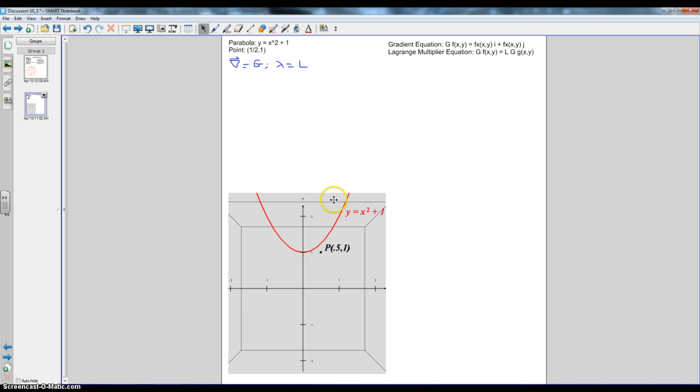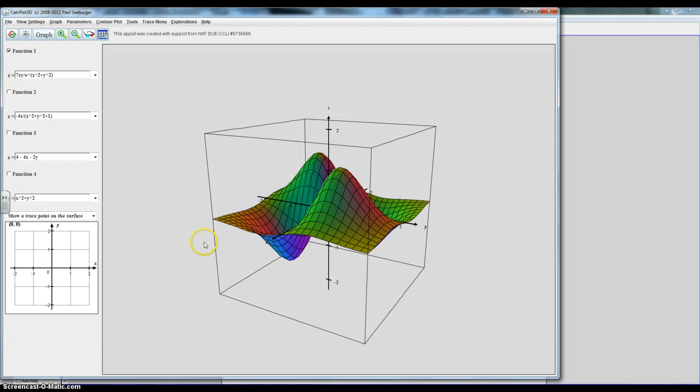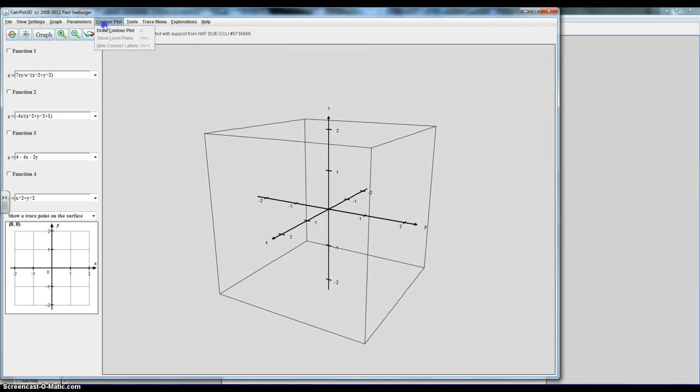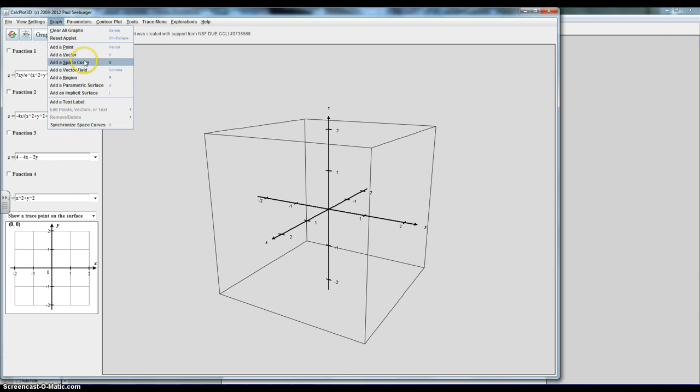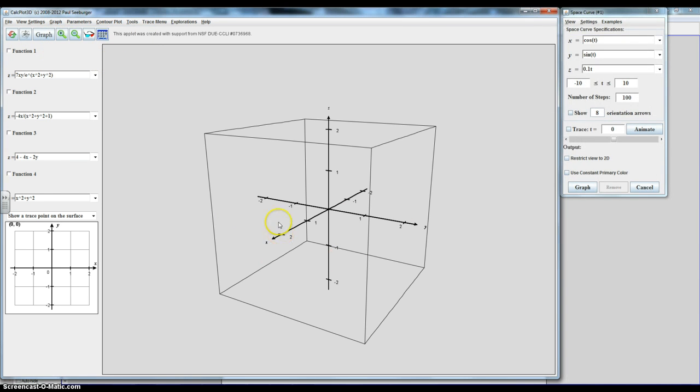First, let's use the applet to represent the curve and the point. So here is the applet. First of all, let me clear the graph and I will represent the curve. The problem gives us y equal x squared plus 1, so let x equal t. So y is going to equal t squared plus 1.